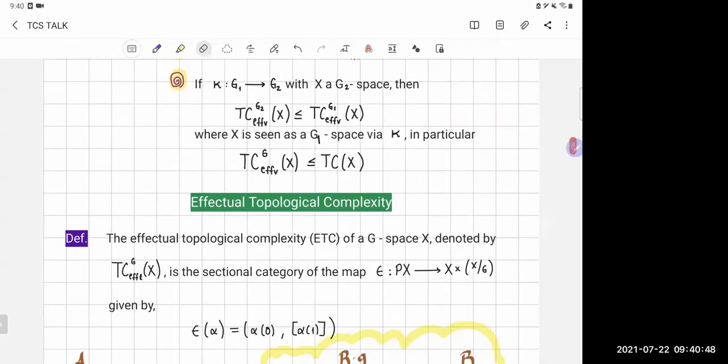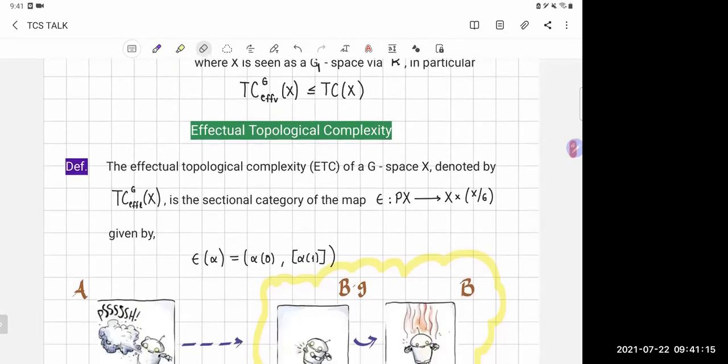Now, let's define the effectual topological complexity, ETC, of a G-space X, denoted by this symbol. So the effectual topological complexity is the sectional category of this map epsilon from PX to X cross the orbit space, given by this expression.